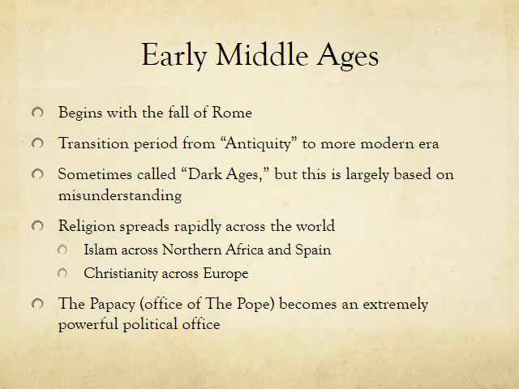Sometimes the early Middle Ages is actually called late antiquity because, as with any historical period, it is a transition. It's not like on a certain date the Middle Ages begin and antiquity ends. It's a transition that takes a while. And so sometimes you'll see it called late antiquity.